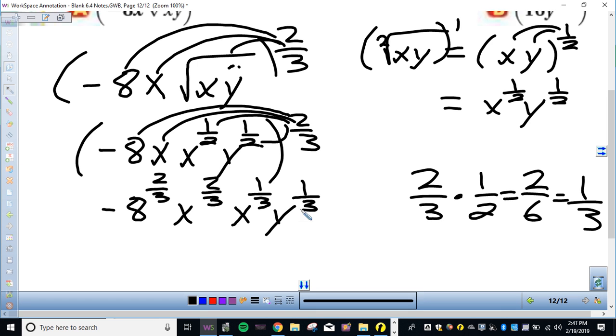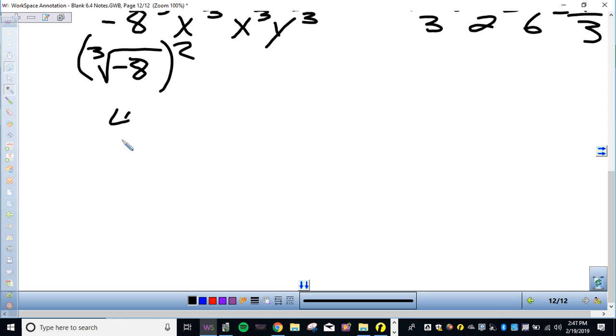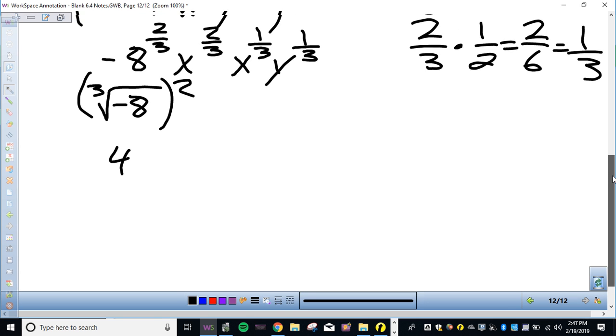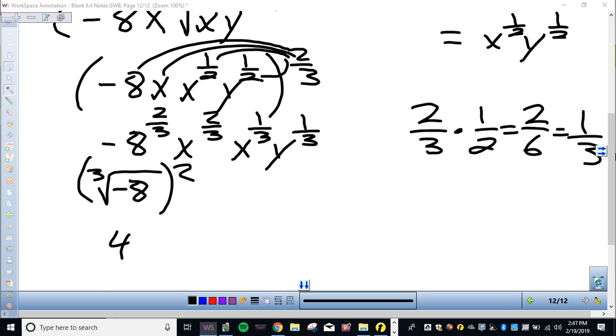One more simplification to get there. So the cube root of negative 8 squared is what this first part becomes. So the cube root of negative 8 squared, like that, equals 4. You can put that in your calculator, don't give me that look.